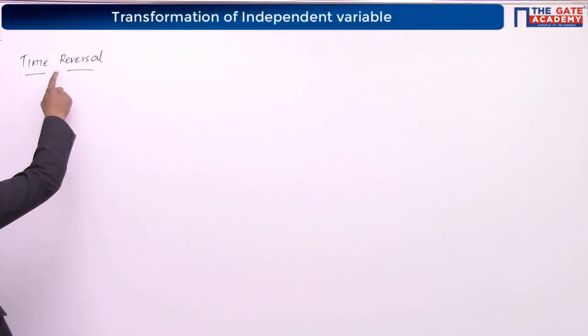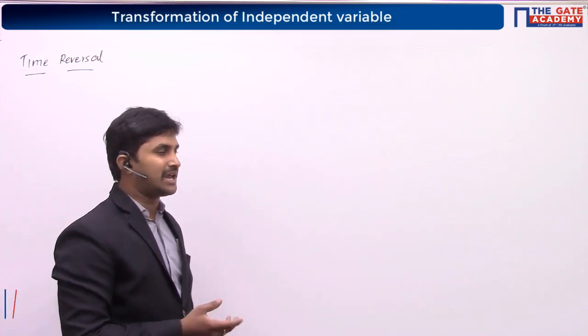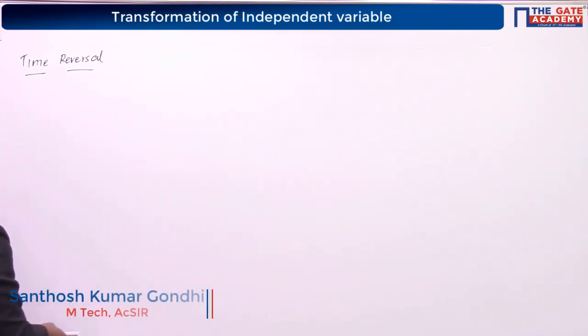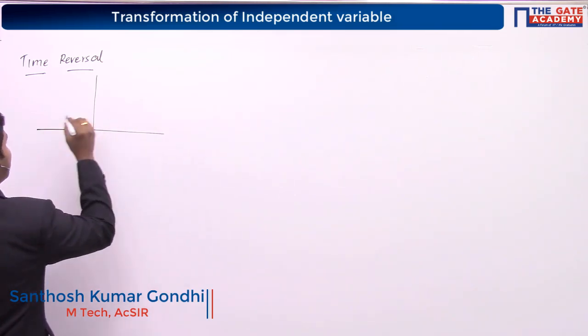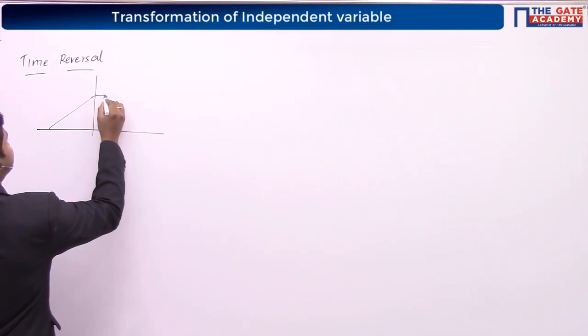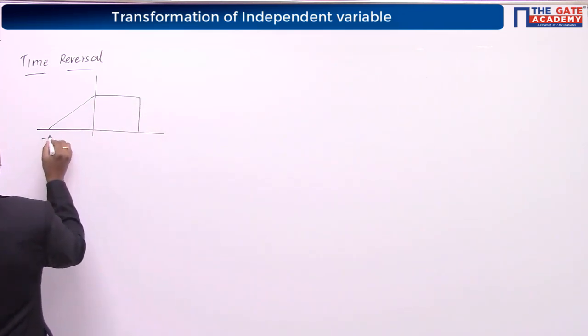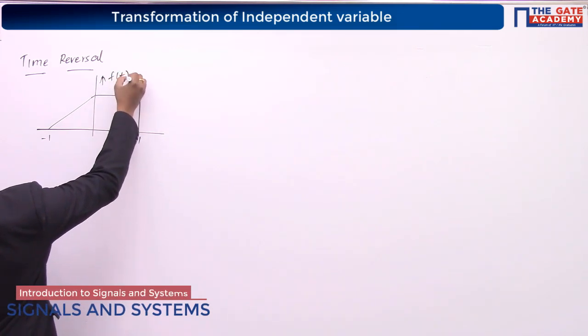Now the third one is the time reversal operation. Time reversal simply means that it is just like a mirror image. For example, if I am having a signal which is something like this, from -1 to 1, this is my signal f of t.